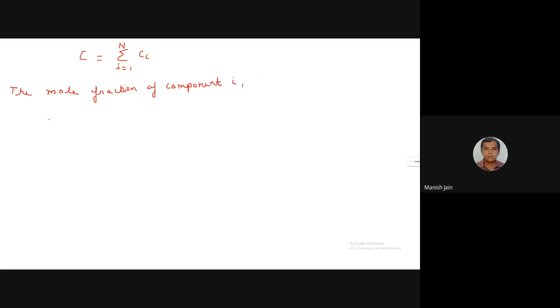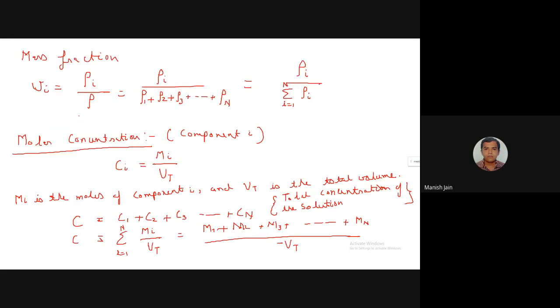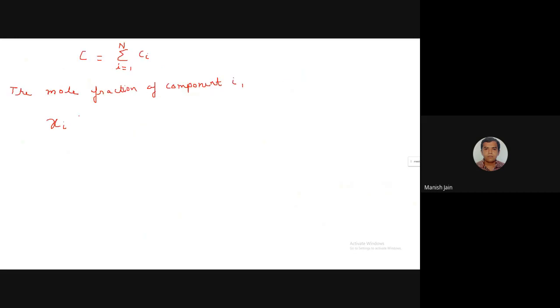It is represented by Xi. Here again, you have to stick with the notation. W represents the mass fraction and X represents the mole fraction. In mole fraction also, X represents the mole fraction in the liquid and Y represents the mole fraction in the gas. This is the normal universal notation used in different fields.